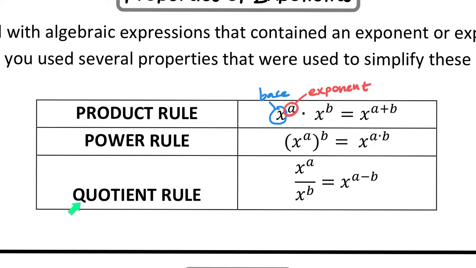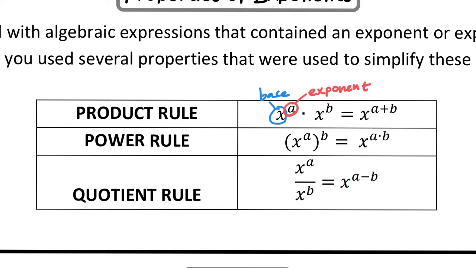And then the quotient rule, quotient means fraction. If you have two exponential terms with the same base, x and x, but they have different exponents, and one is dividing the other, you can keep them with the same base and just subtract their exponents.